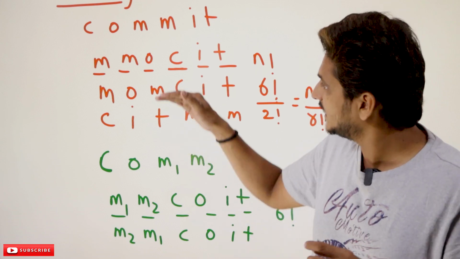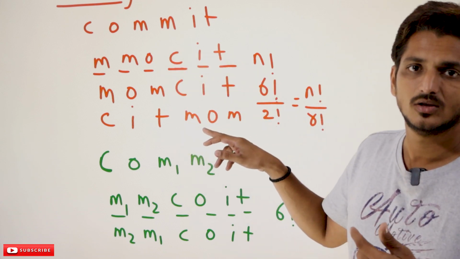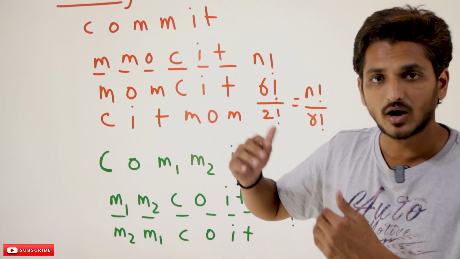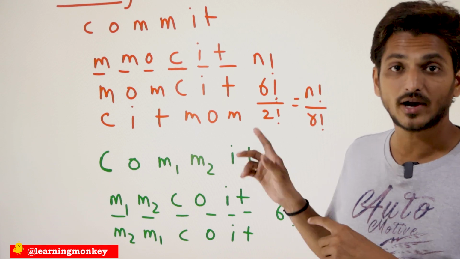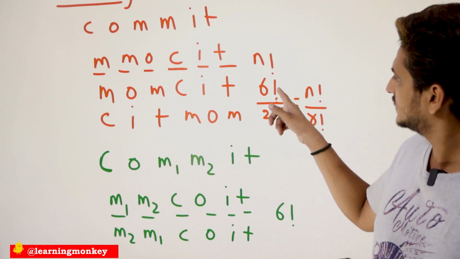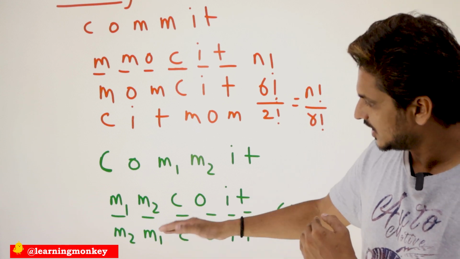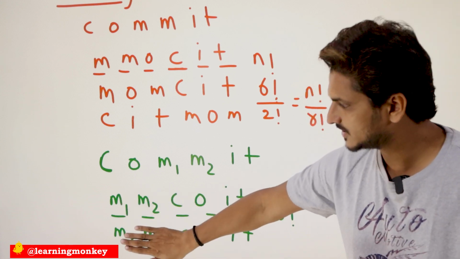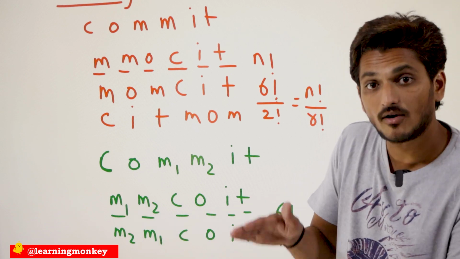So for each possibility, this 2 factorial is missing. We have to divide it from n factorial. 2 factorial means 2. 6 factorial divided by 2 means only half of the cases are accepted. This case is not accepted if these two are the same.